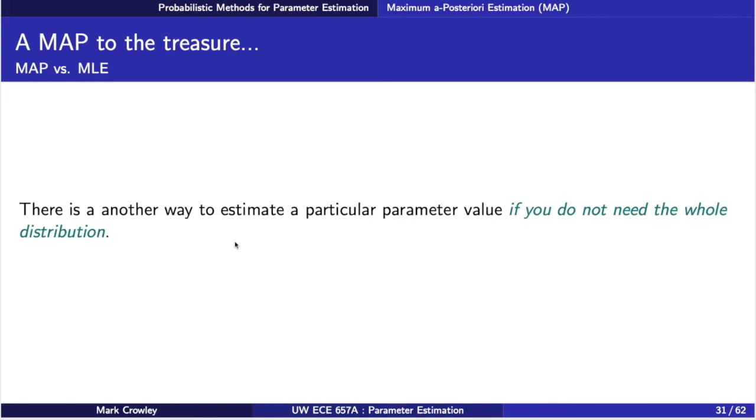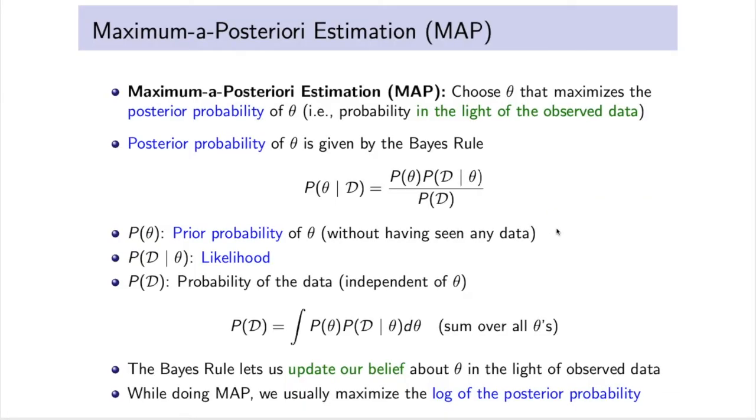find something that maximizes the entire distribution, the likelihood of any endpoint coming up. But what if you just really want to maximize a particular value? Another way to do it is called the MAP estimator, maximum a posteriori estimate.